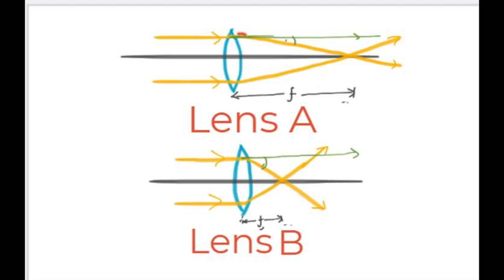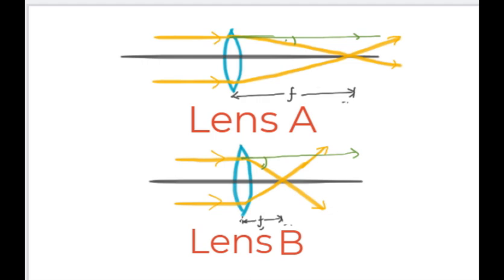Since it bent the light by a smaller degree, this angle is small. But in this case, there is more bending. So here you have large bending. This bending difference is known as the power of lens.